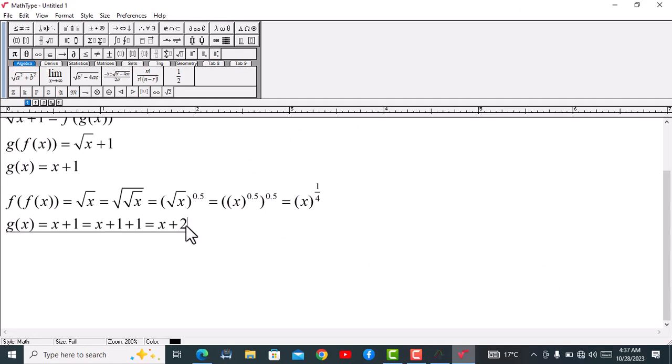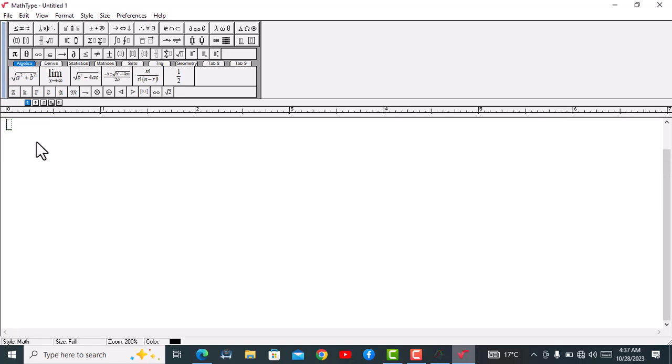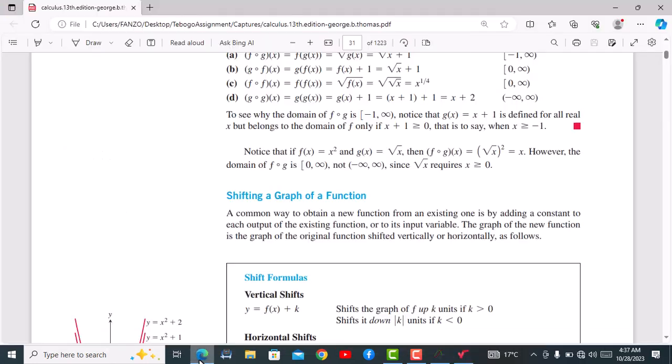So if we have f at x and g at x like this, let me just get rid of all this. So let us have g at x, which is equals to the square root of x, and f at x, which is equals to x squared. Okay, we have this.